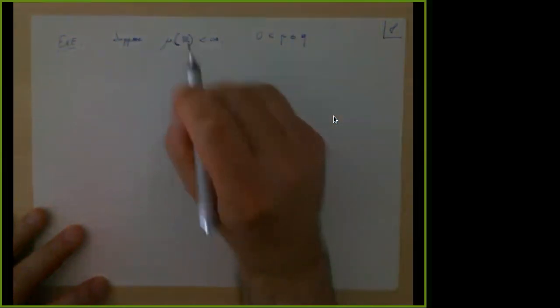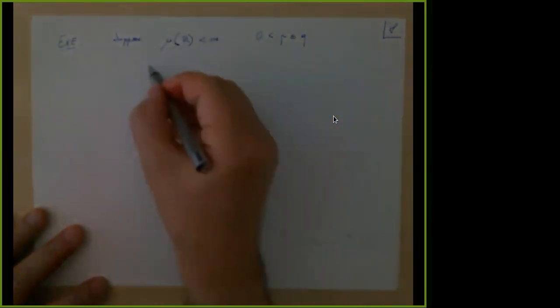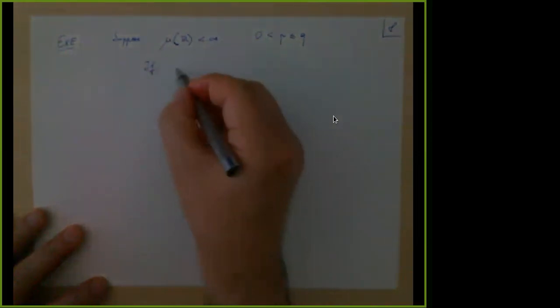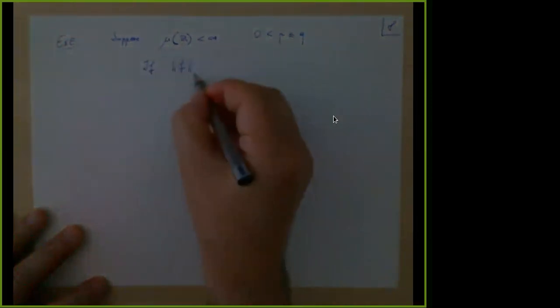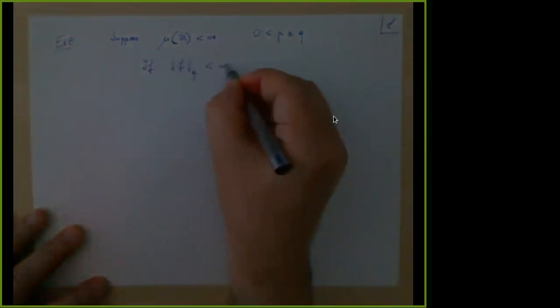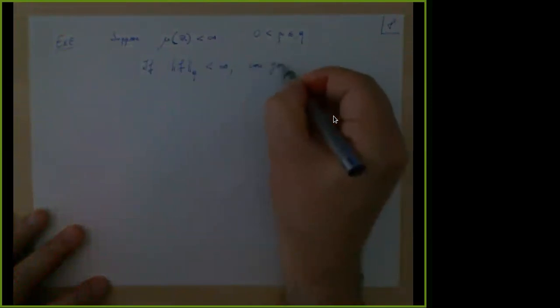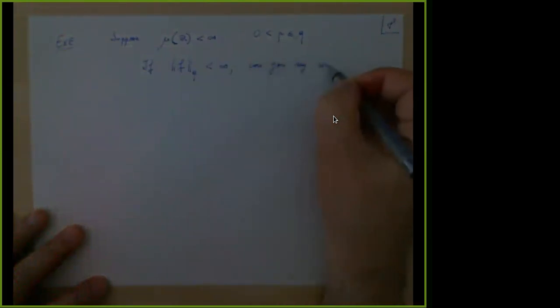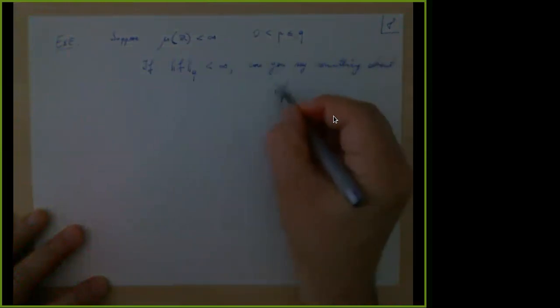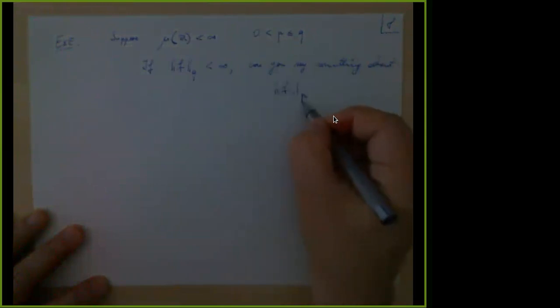And now the question that I would like to ask is the following: if the qth norm of f is finite, can you say something about the pth norm of f?